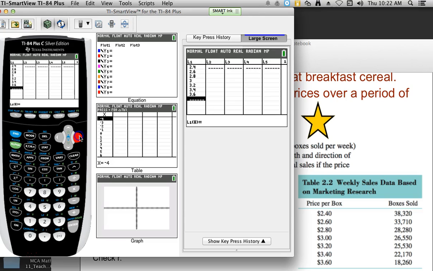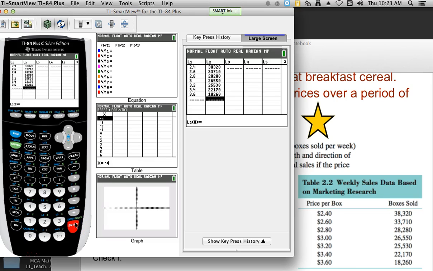And then we go over to list 2, and we'll put in the amount of boxes that they sold. So 38,320, 33,710, 28,280, 26,550, 25,530, 22,170, and 18,260.